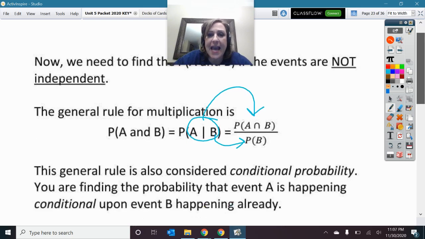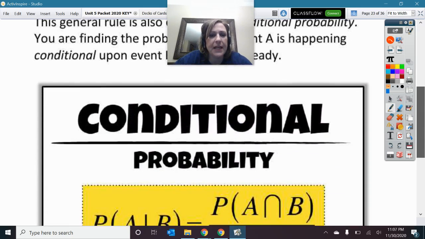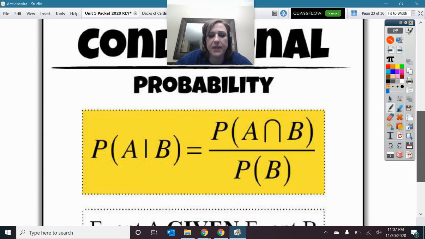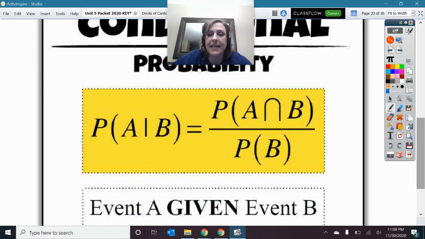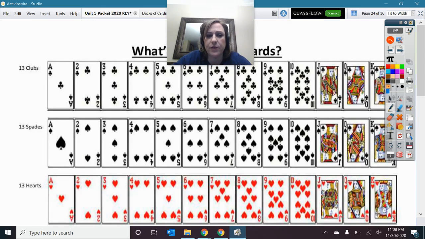And here it is, the conditional probability rule. Here it is with those symbols: event A given event B. All right, so now we're going to practice some more of those.